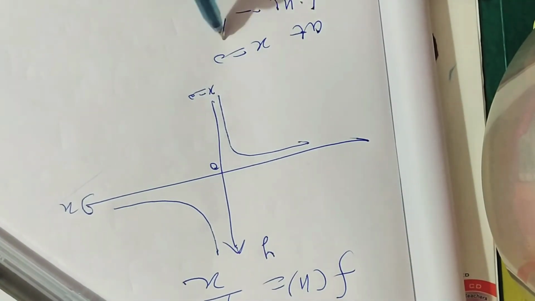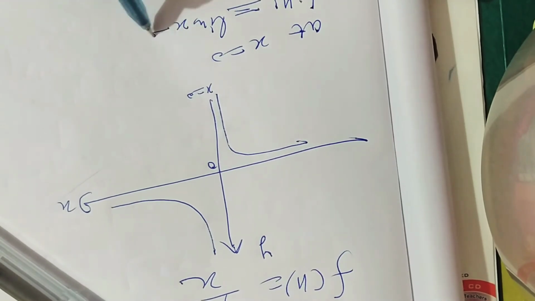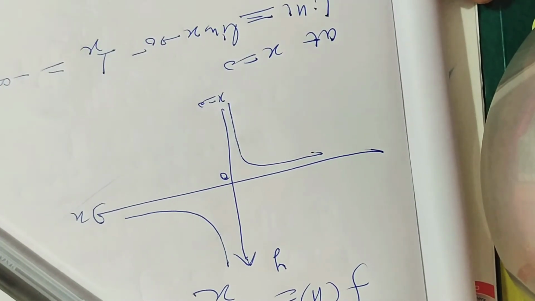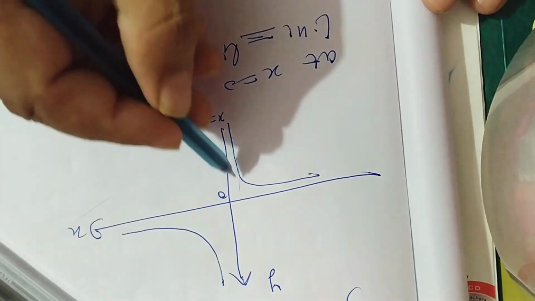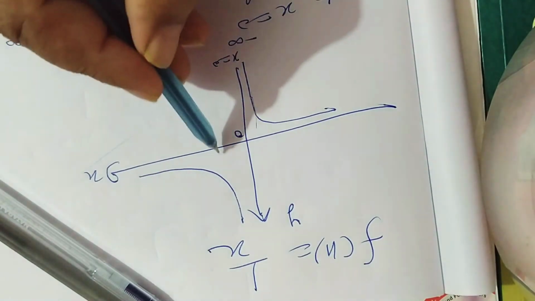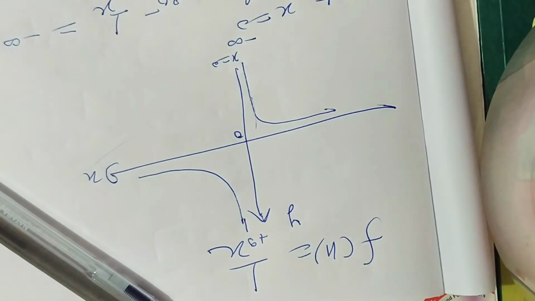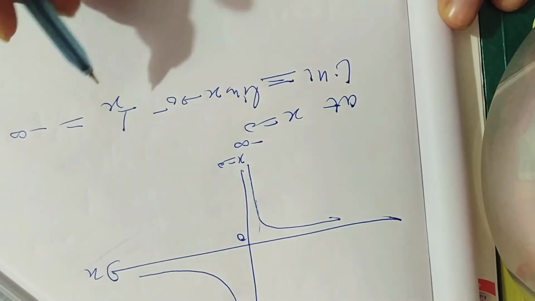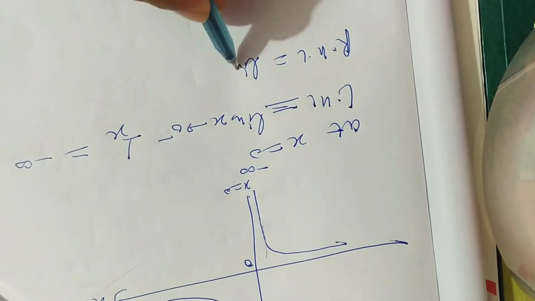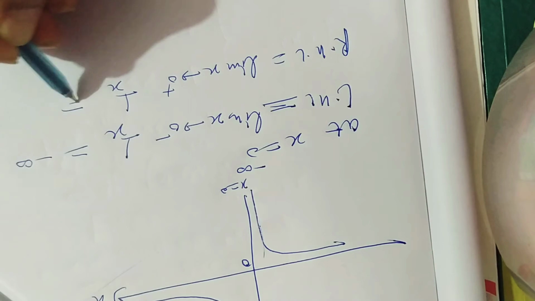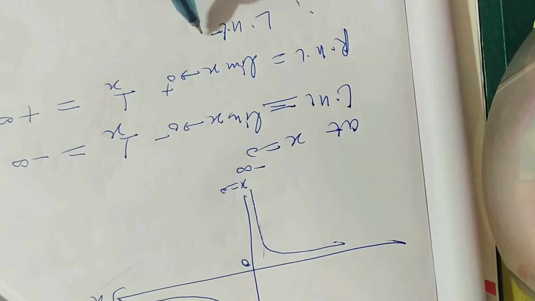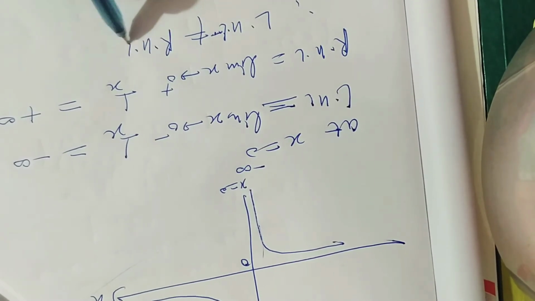At x equal to 0, LHL, limit x tends to 0 negative of 1 by x, is minus infinity, since we know that this graph is going to minus infinity, and this graph right side to 0 is going to positive infinity. Similarly RHL is equal to limit x tends to 0 positive of 1 by x, which is positive infinity. Therefore LHL is not equal to RHL.